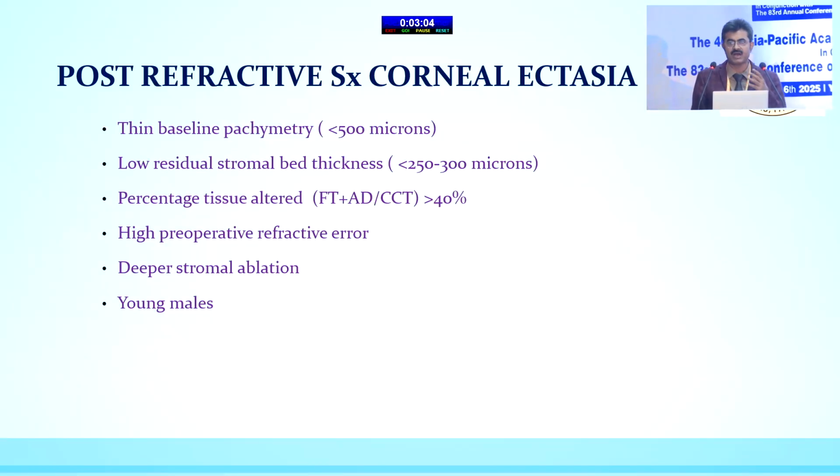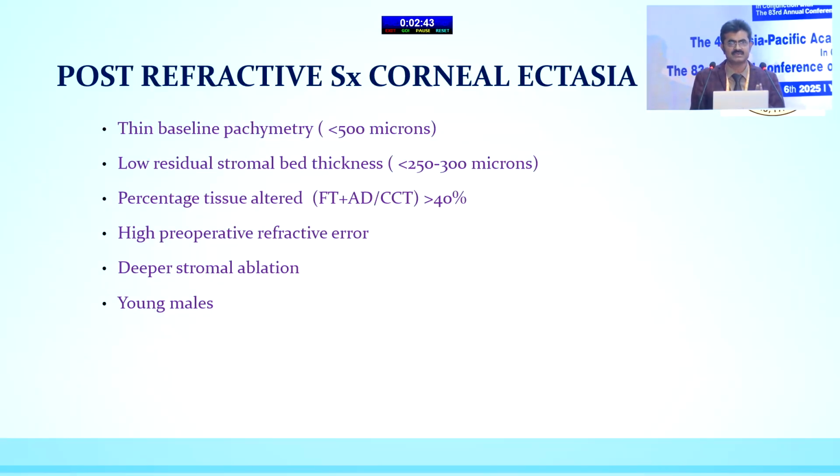Now, all these factors are to be kept in mind when you are dealing with borderline cases or a correction of higher corrections, thinner corneas. So what limits you should have in mind is that when you have a thinner cornea, less than 500 microns, you have to be careful on other parameters. You should aim for a safer residual stromal bed.